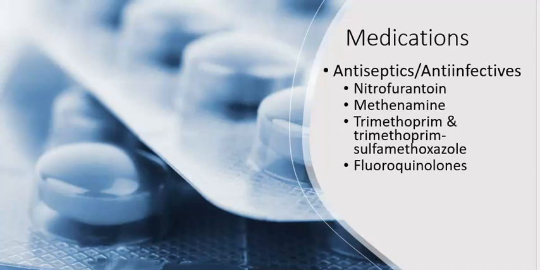Nitrofurantoin. This inhibits bacterial growth. It is a bactericide. It's used for many gram-positive as well as gram-negative bacteria. It will kill E. coli. It's used for most of your UTIs as well as cystitis or your bladder infections. A couple of examples are Macrobid and Macrodantin.